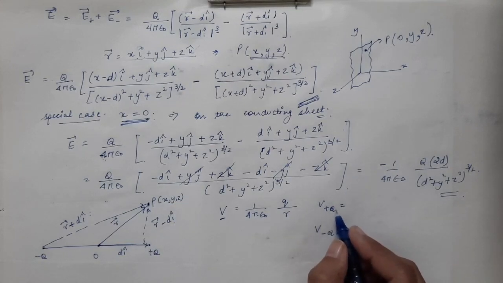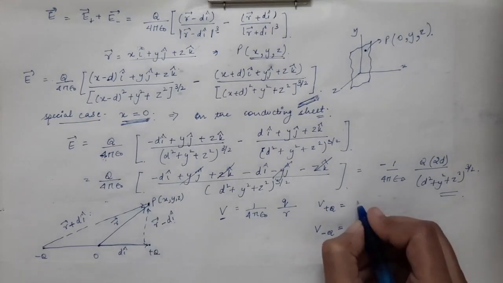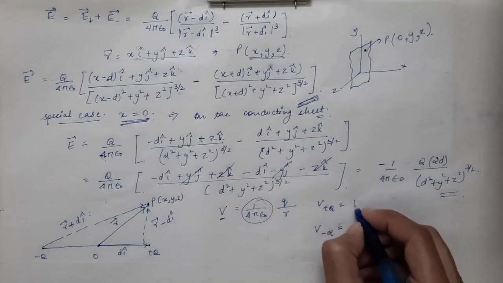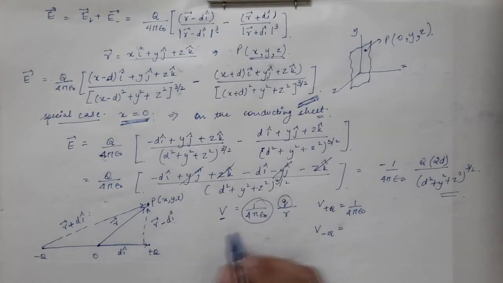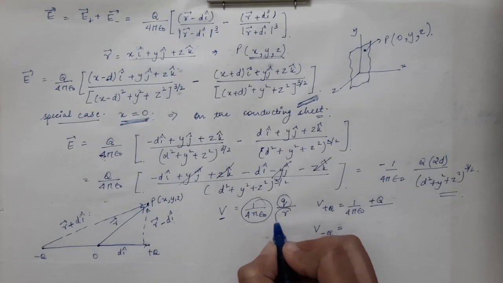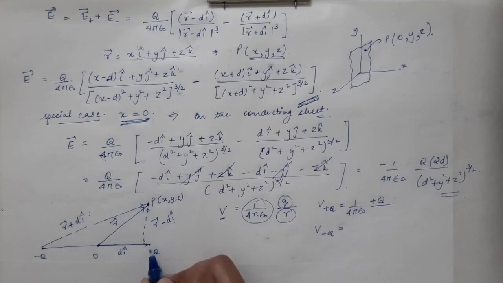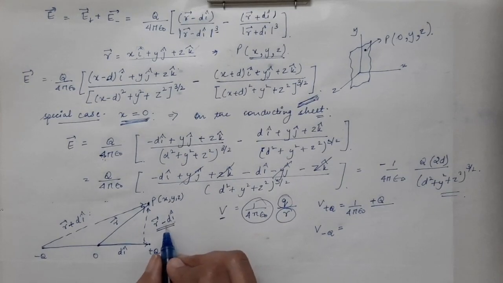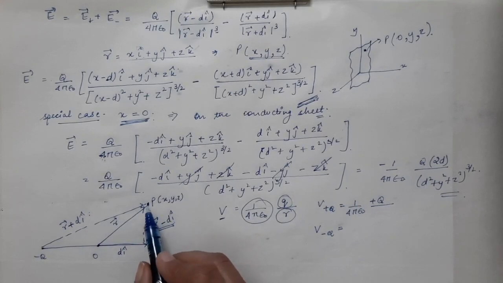So what will be the potential due to plus q charge at observation point P? That will be 1 by 4 pi epsilon naught, which will remain as it is. Now the source charge is plus q, so instead of small q we will have plus q, divided by the distance of the observation point from the source charge. Now the vector from the source charge to the observation point is given by this vector, so the magnitude of this vector will give us the distance of the observation point from plus q.